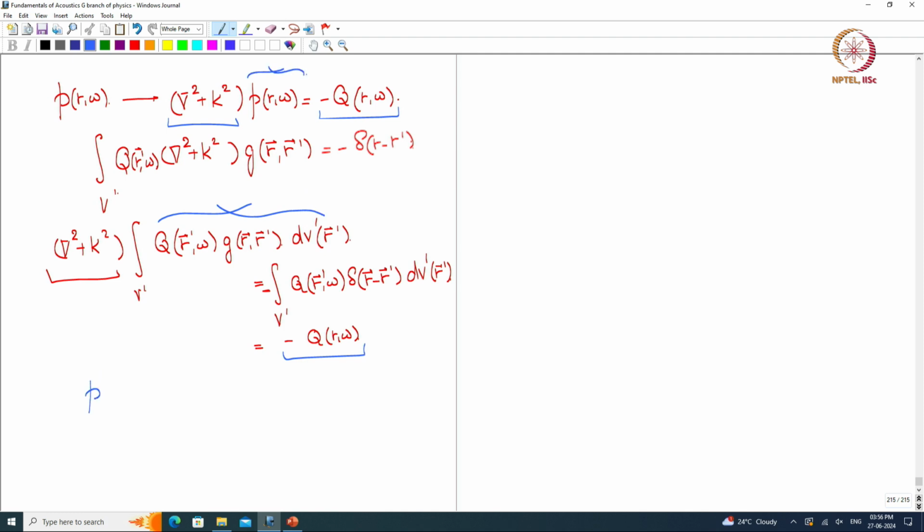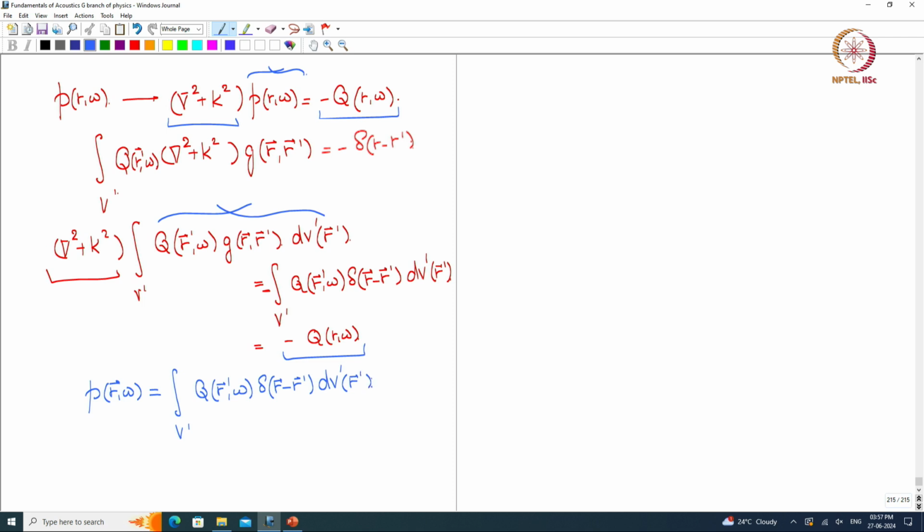We have p of r comma omega, the response at r, given by the integral over a volume v dash of q of r dash comma omega, g of r comma r dash, dv dash of r dash.